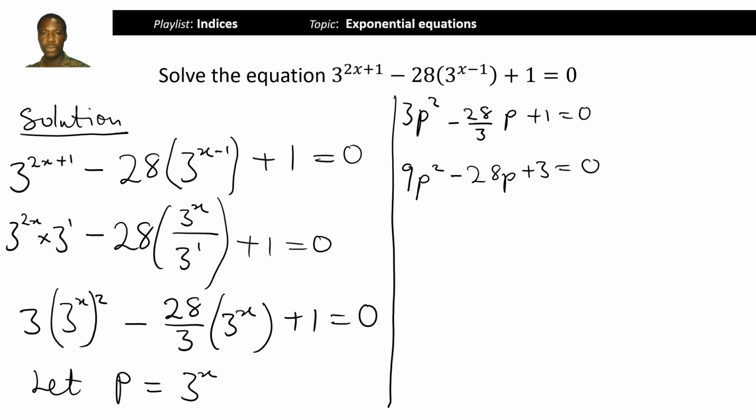So we get two values that, when we add, we will get negative 28. When we multiply, we will get 27. That is, the coefficient of p squared and the constant will multiply to give us 27. Okay, so we can have negative 1 and negative 27.